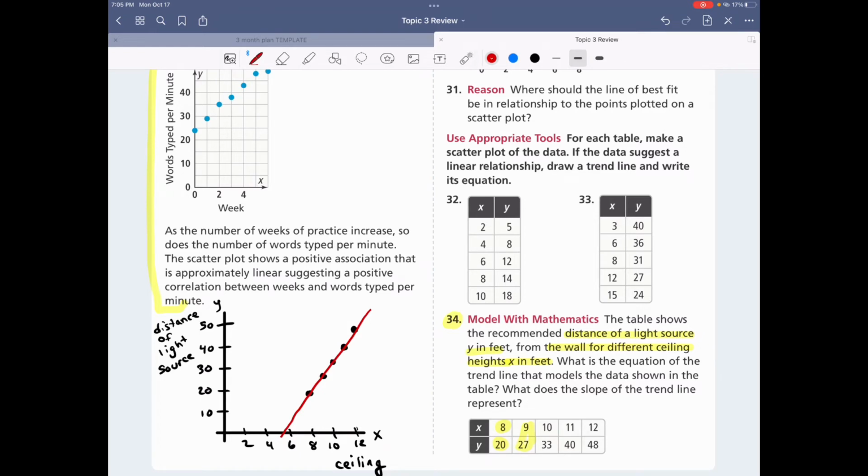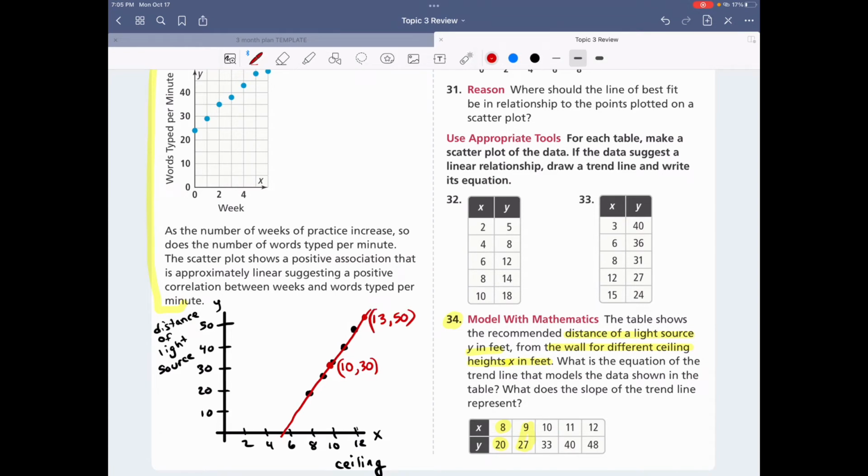So the slope, we can kind of guesstimate it from 2 points. I'm going to pick a point that is not in our data but is on the line. So maybe this point right here, and I'm going to call that 10, 30. And then I'm going to pick another point right here, which I'm going to say is 13, 50.